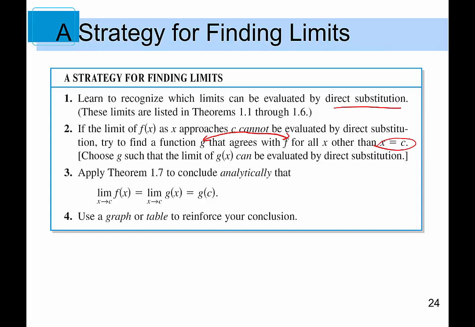Then if you cancel the same factor on both numerator and denominator, you can apply direct substitution afterwards. Okay, so that's how this works. Transform the function f of x into g of x, and after that apply direct substitution. And you can graph it to check whether or not your conclusion is correct.